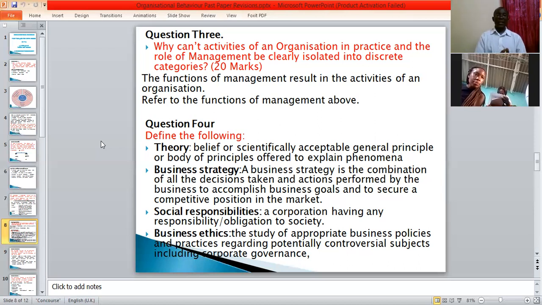Can we proceed to question number 4? Okay, so question number 4. They wanted us just to define and explain certain terminologies: the theory, the business strategy, the social responsibilities, and business ethics.